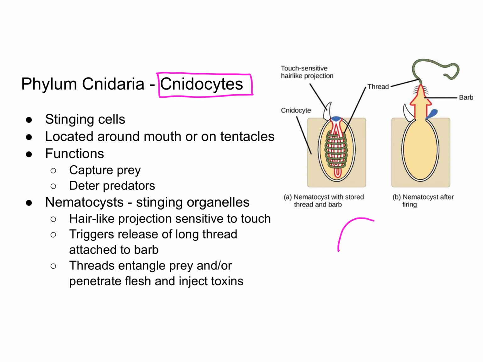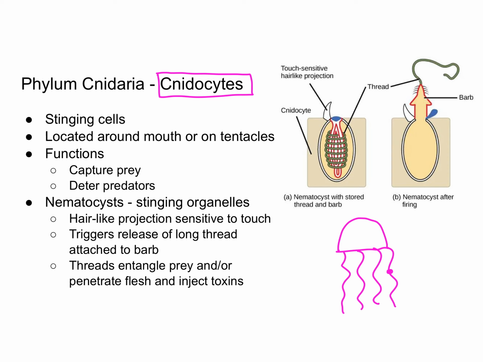You're probably familiar with this basic shape of a jellyfish with tentacles coming down, and the cnidocytes are going to be in these tentacles here. Their ultimate function is not necessarily to sting humans, but it helps them to capture prey and also deter predators. So I guess they do deter humans, in the sense that we don't go out looking for jellyfish often because it hurts when we find them.